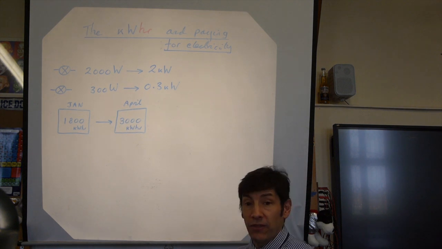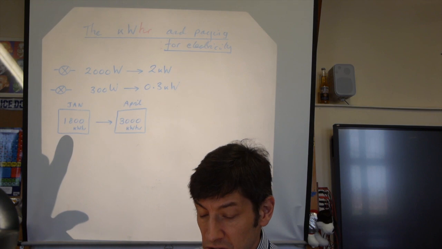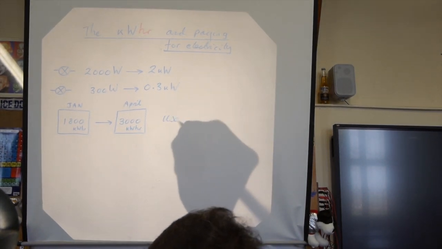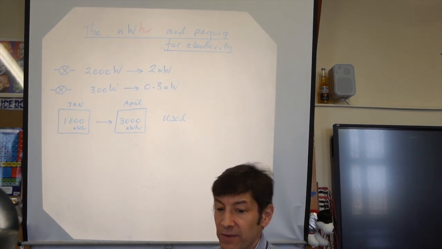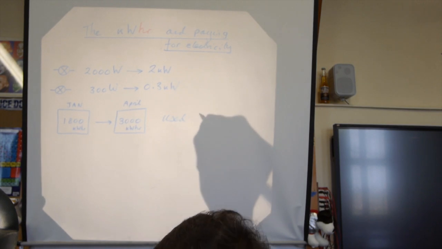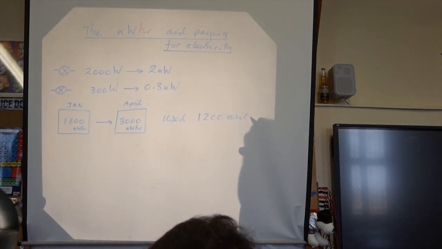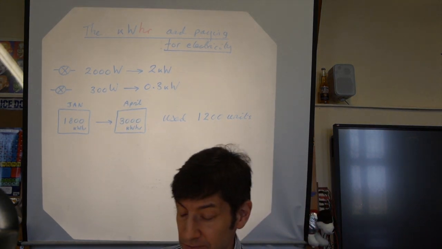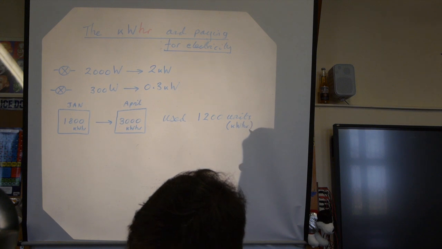So I think it's pretty obvious that the electricity people will go, okay, it was on 1,800, it's now on 3,000. So you've taken in some energy from them and you're going to have to pay for it. You've used 1,200 units of electricity. And a unit of electricity is called a kilowatt hour.